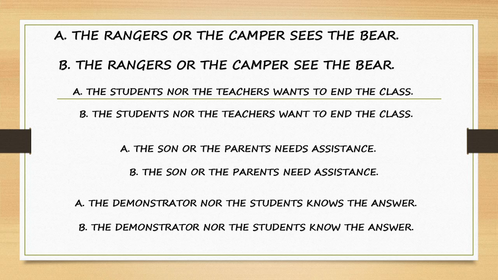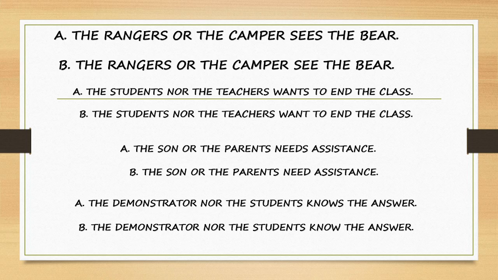Okay, very good. That's right. How about the last one? The demonstrator nor the students knows the answer, or the demonstrator nor the students know the answer. Which sentence is correct?